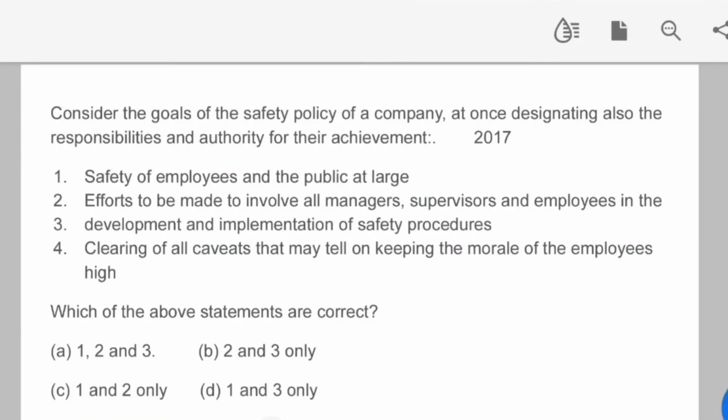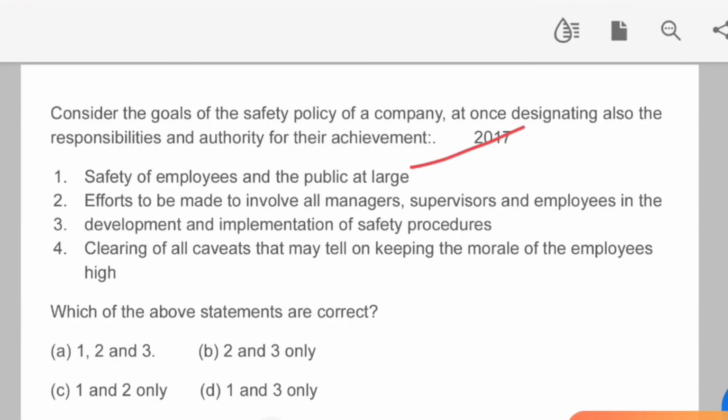In 2017, 8 to 10 questions have been asked. So engineering drawing and safety was a more weighted side. The question is, consider the goals of the safety policy of a company, including designating the responsibilities and authority for their achievement. Safety of employees and the public at large, really this is right.